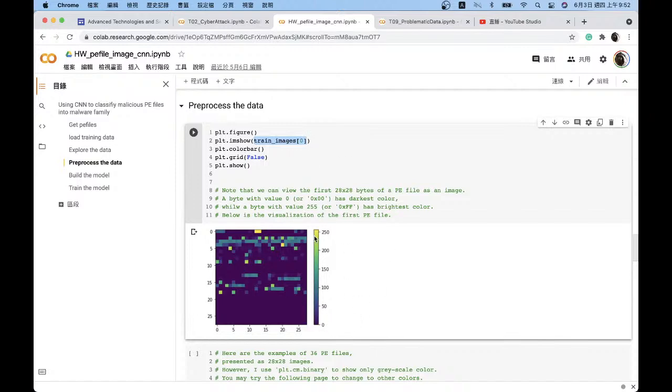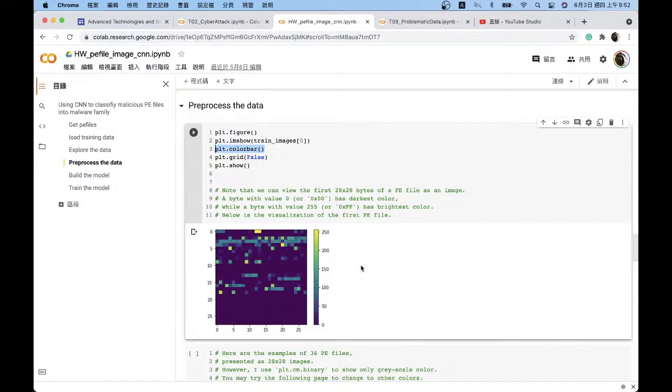Of course you can choose your own color. But in this example, for the value of each byte, each item in the matrix, if it is close to 0, it will be darker, in blue color. If it is close to 255, then it will be close to yellow, and some colors right here.